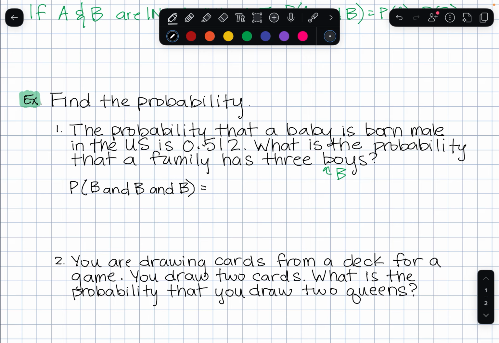So I know that this is just P(B) times P(B) times P(B), because "and" means multiply, and I'm doing 2 ands, 2 multiplies. And I know that for each, that probability is 0.512.